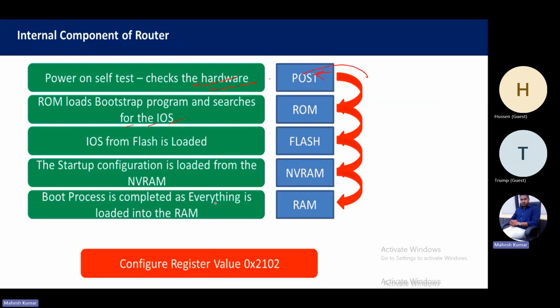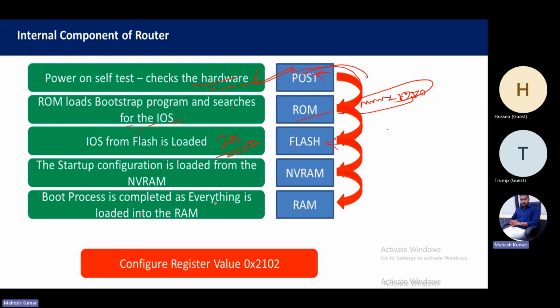Bootstrap program means mini iOS. It will load into the RAM, and later it will go to the flash to check for the correct iOS, the operating system of the device. Device means router, switch, or PC.